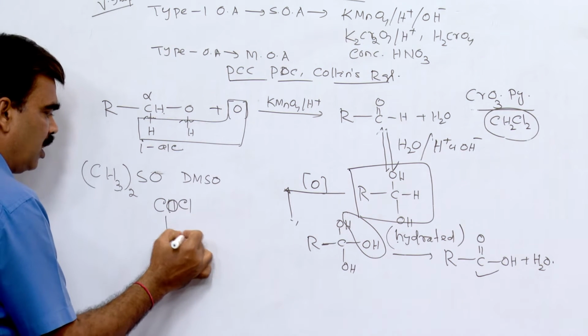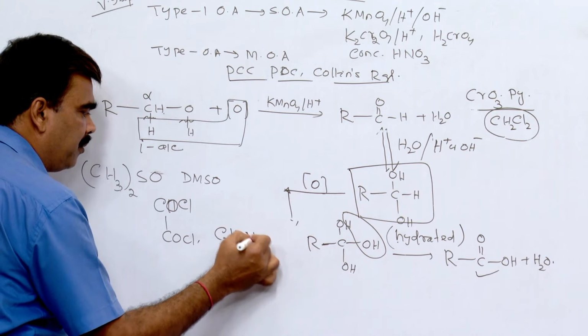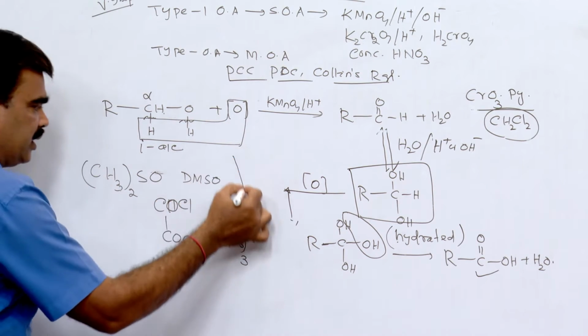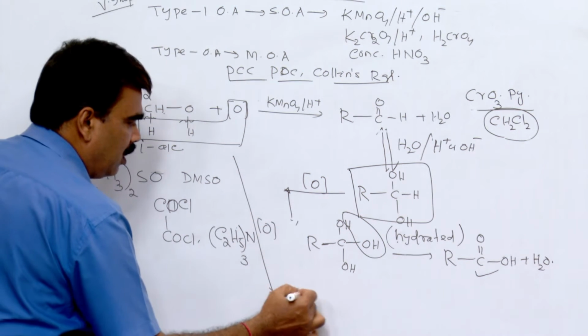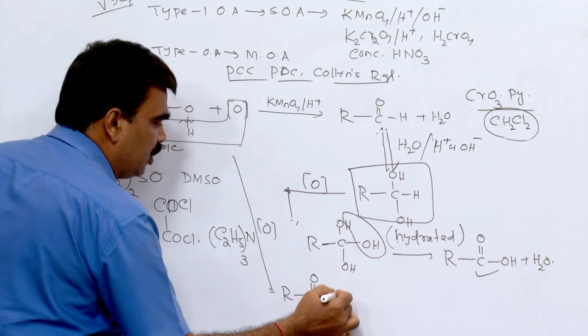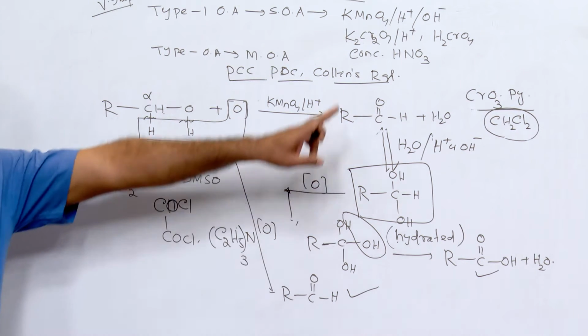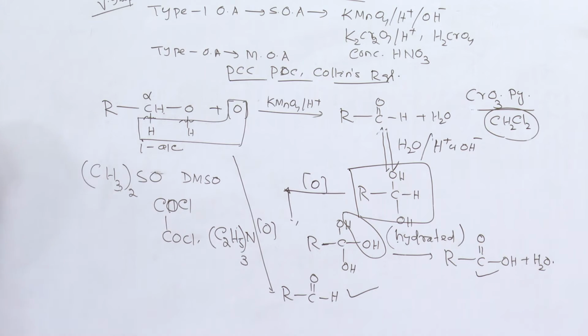This is your oxalyl chloride and a triethylamine. This is your triethylamine. So by using these reagents, we can also get your aldehyde. Nowadays these reagents are widely used. So you can also use these reagents, right?